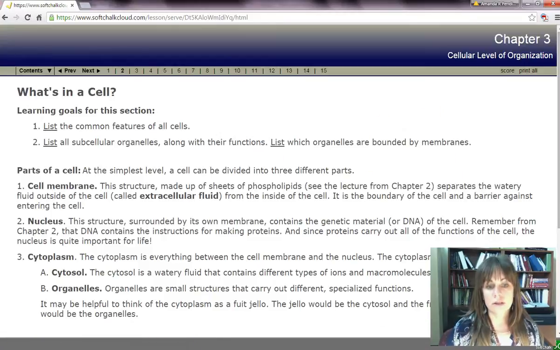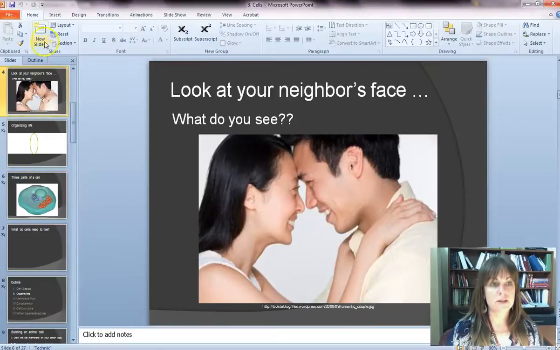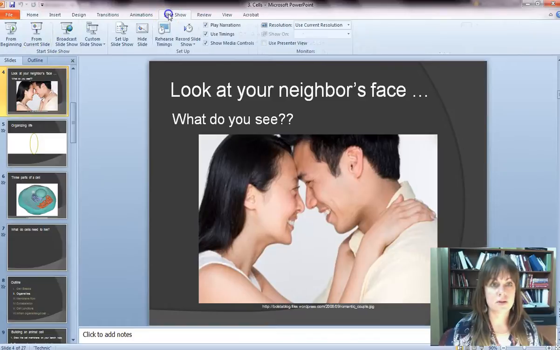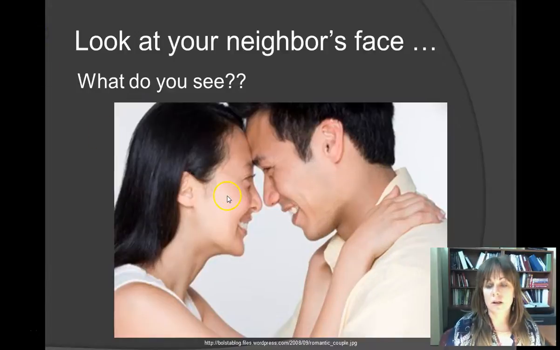So often what I have my students do is I tell them to look at this picture and/or look at their neighbor's face, and they don't have to get quite this close to their neighbors, but to tell me what they see.